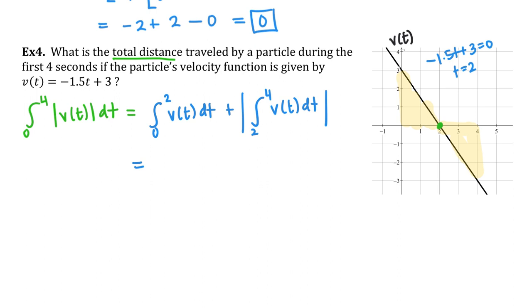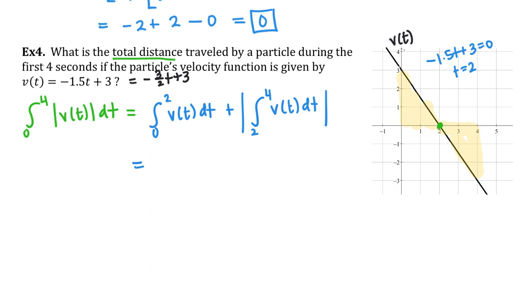Antiderivative of velocity. So -1.5 t. Let's make this a fraction: -3 over 2 t plus 3. Okay, that's better.